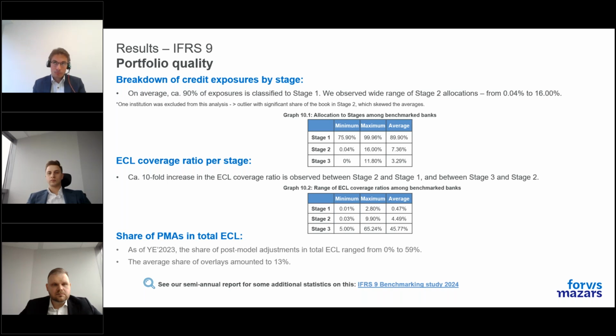It's quite random where those higher or lower levels of post-model adjustments are observed, and the average share of overlays amounted to 13% in our study.